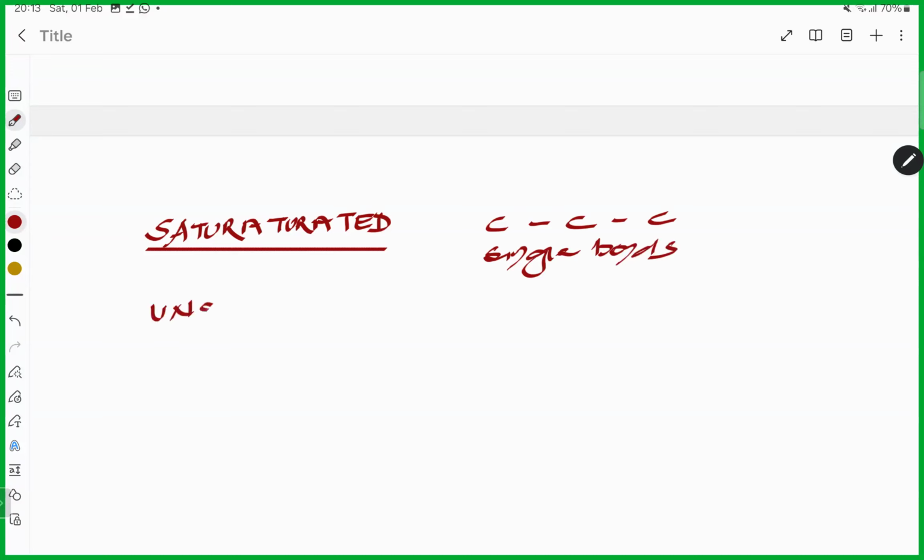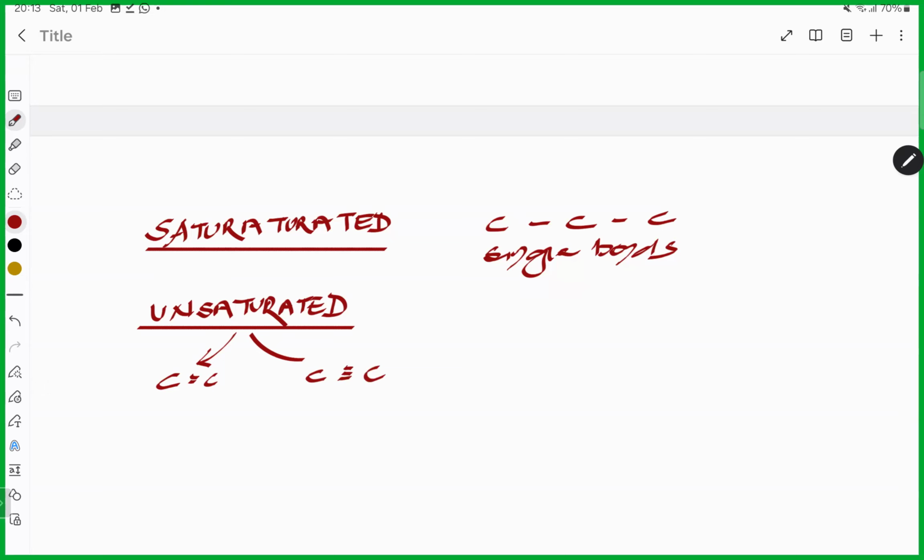Unsaturated hydrocarbons. Unsaturated means you have either double or triple bonds between carbons. So it's quite simple.